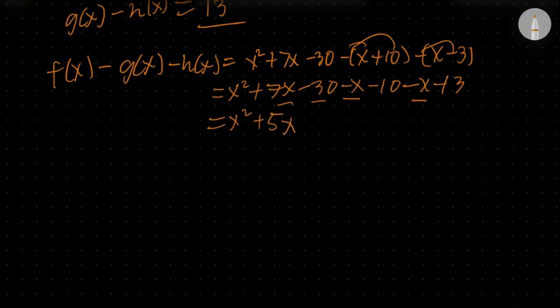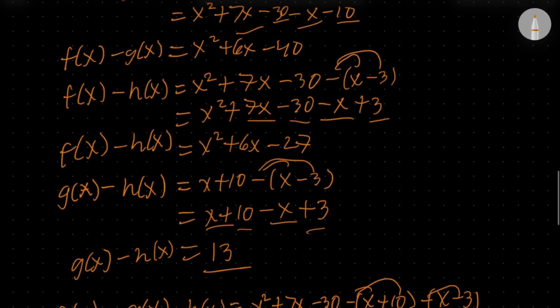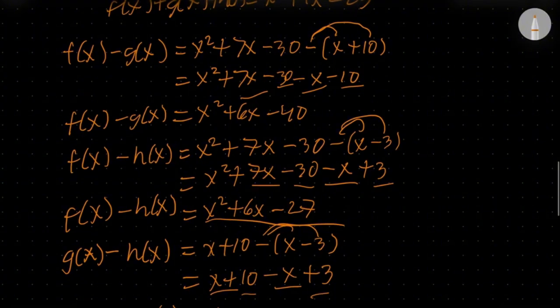Negative 30 minus 10 plus 3 is negative 37. And that is f of x minus g of x minus h of x. That is our answer. This is our answer for letter B, and this is our answer for letter A.